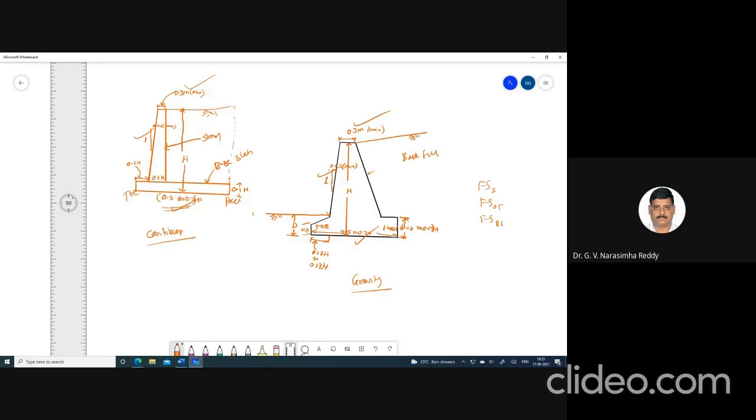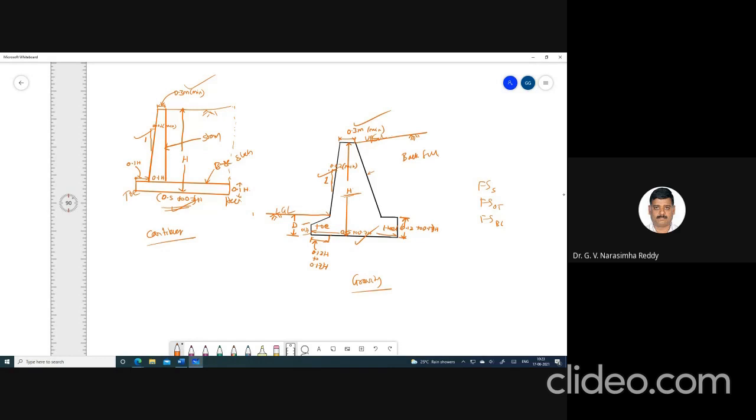So for that, based on the height, if you see, all the dimensions are more or less related to the height of the backfill. How much height of retention is there, or what is the difference in height of the ground levels? This is the lower ground level, and this is the upper ground level, in other words.